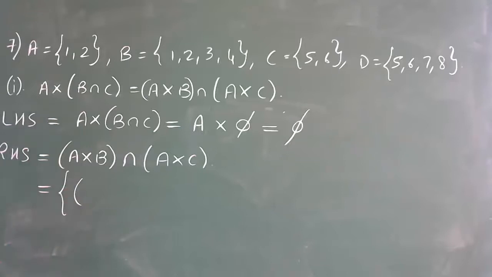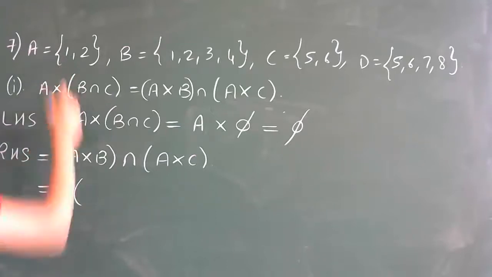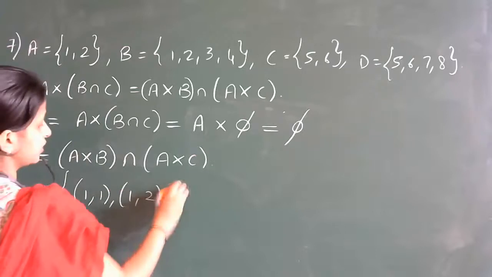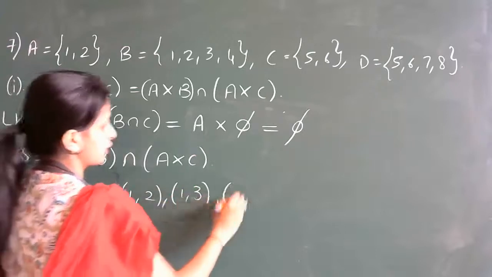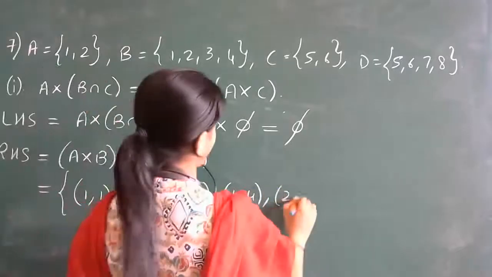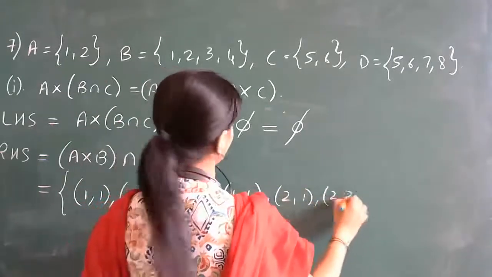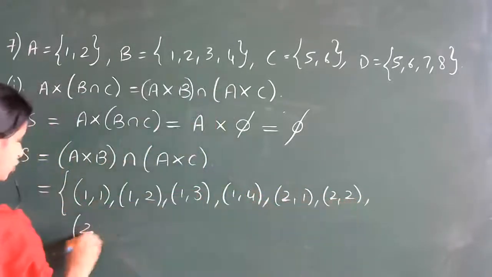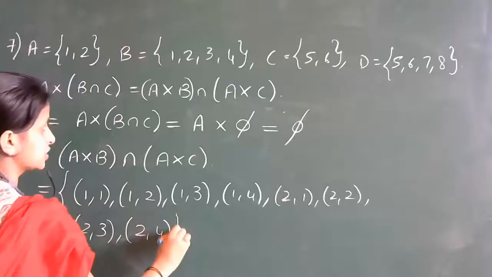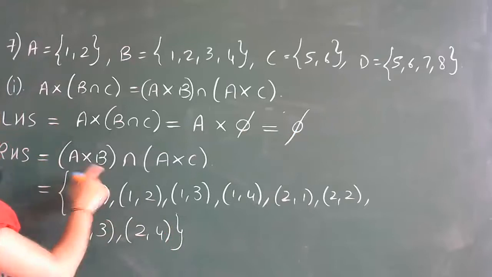First ordered pair is (1,1), (1,2), (1,3), (1,4). Next (2,1), (2,2), (2,3), (2,4). So this is my A cross B.